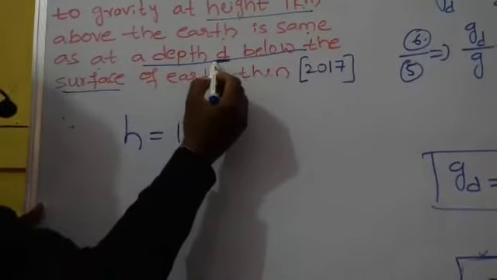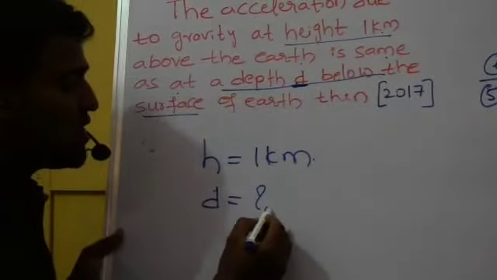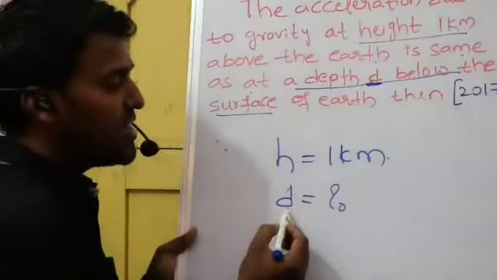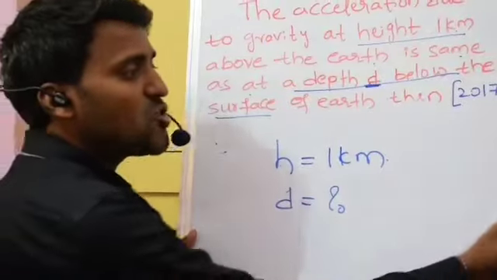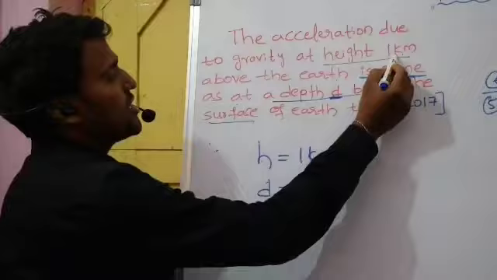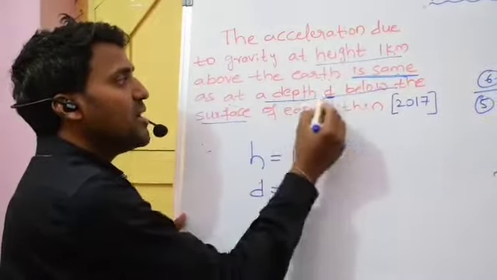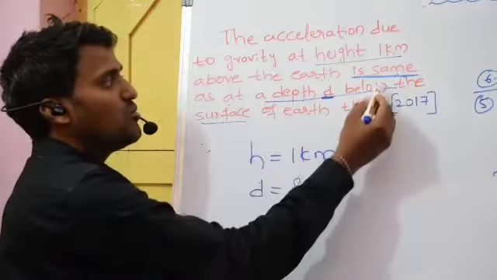Here they did not mention the depth, so d is what we have to calculate. Depth d and height h have the same dimensions: 1 kilometer above the surface of the earth is the same as depth d below the surface. So both are the same.